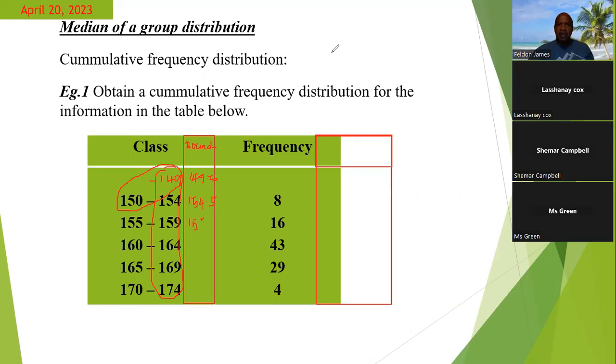And so you see the pattern. All you're doing is just adding 0.5 to all of this. 164.5, 169.5, 174.5. So these would be all the boundary values that you need for the graph.